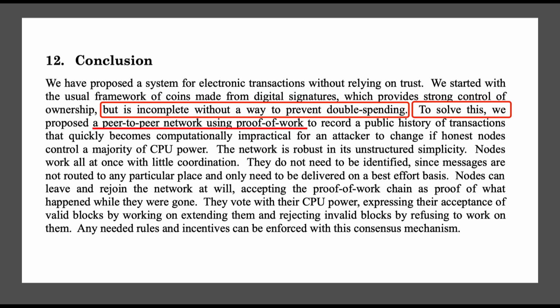So why does Bitcoin use blockchain? Let's check the Bitcoin white paper directly. We can see this: to solve this, we proposed a peer-to-peer network using proof of work to record a public history of transactions that quickly becomes computationally impractical for an attacker to change if honest nodes control a majority of CPU power.